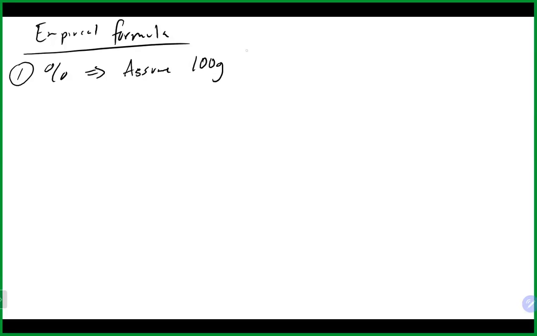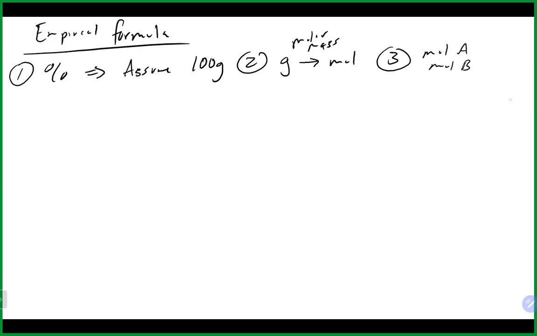Once you have that, the next thing you want to do is take the grams to moles, and you're going to use the molar mass from the periodic table to do that. You will now have moles of all your elements. We'll call it mole A and mole B. You will take and divide by the smallest number of moles.